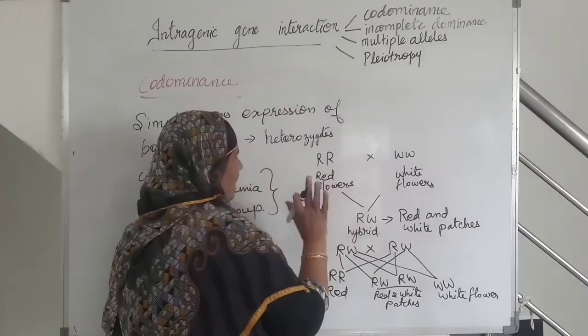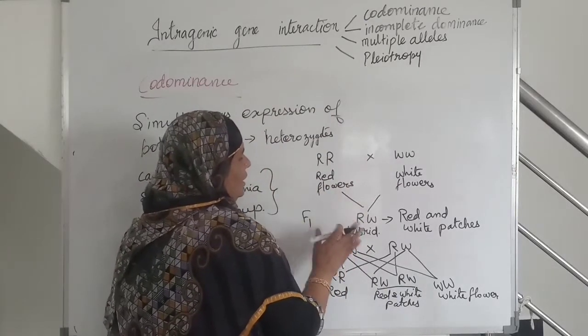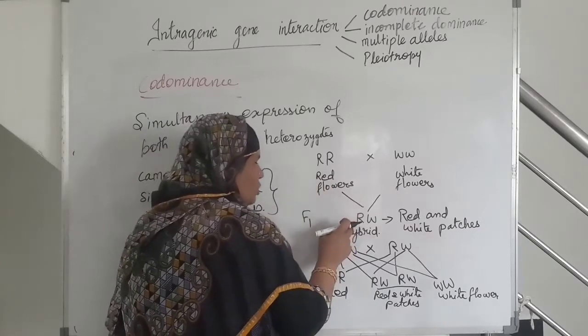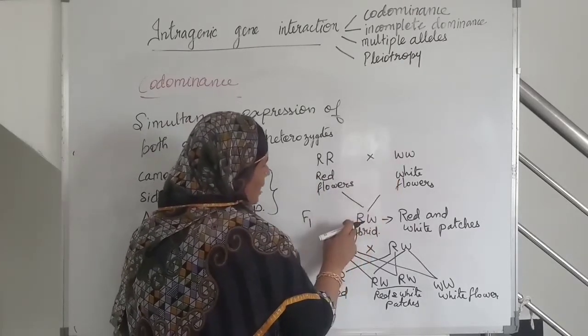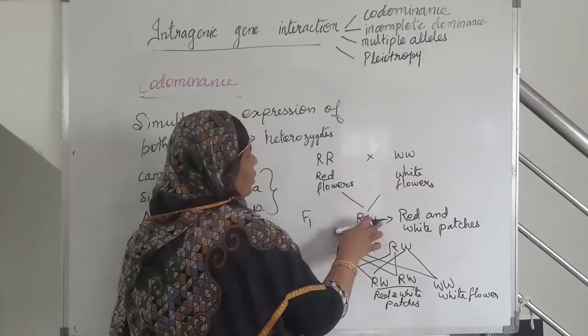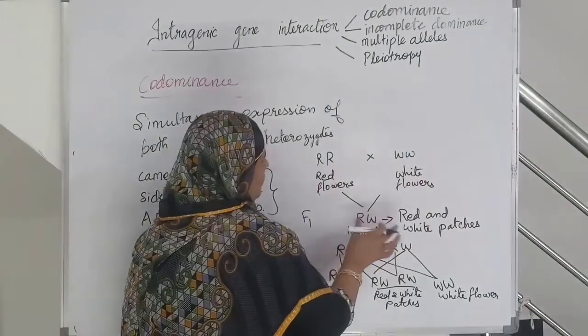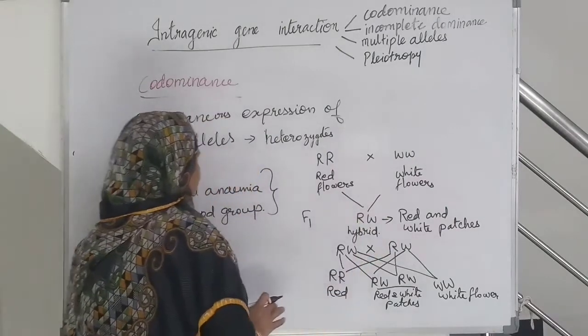The main important thing to see here is that both the characters are being expressed. Red character is also present here, white character is also present here. Here both are being expressed, that is why it is codominance.